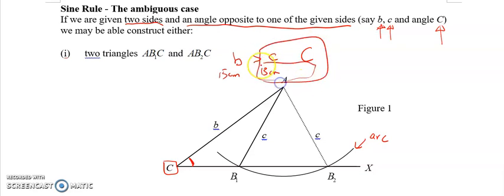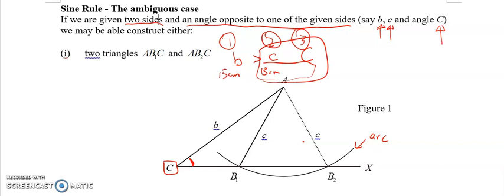This kind of information will always have ambiguity as to what shape the triangle can take. It can either take AC B1 or AC B2, because these three values that are given are unchanged, but yet we can form two different types of triangle in this situation.